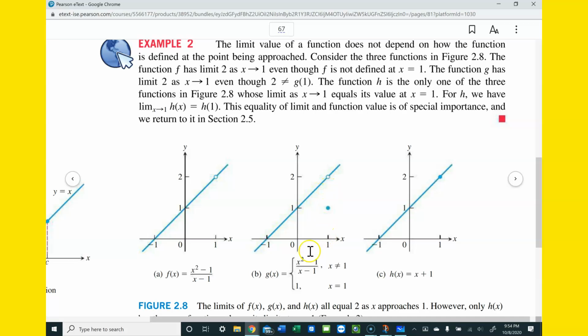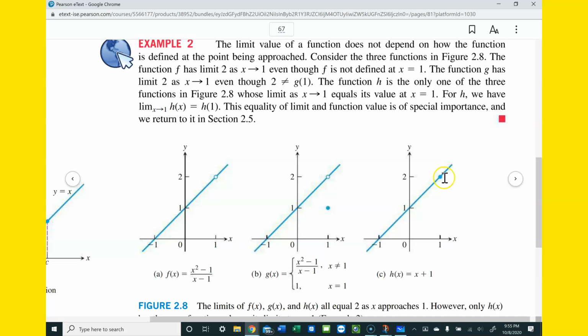So what is the value of the function when x is 1? The value of the g of x function when x is 1 is 1. But the limit of g of x as x approaches 1 is 2. Even though the value of it is 1, the limit of it is still 2. Just like this one. They have the same limit. They have the same limiting value when x equals 1. Just like this one as well.